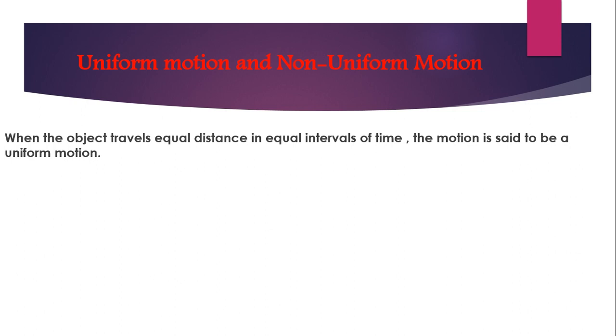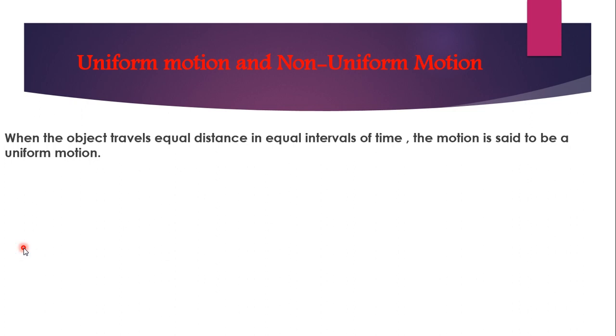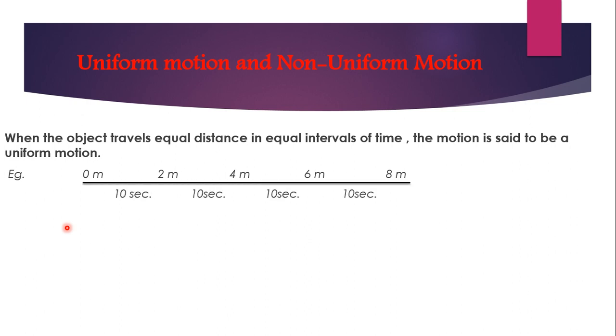What does it mean? If an object travels an equal amount of distance in an equal interval of time, that motion is an example of uniform motion.